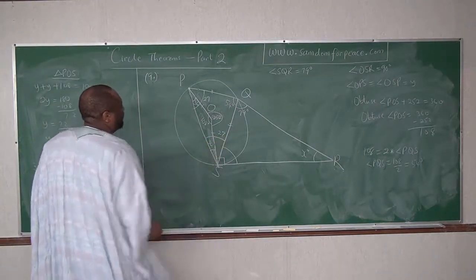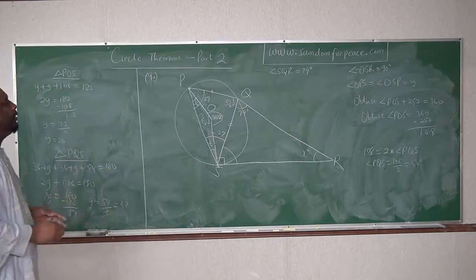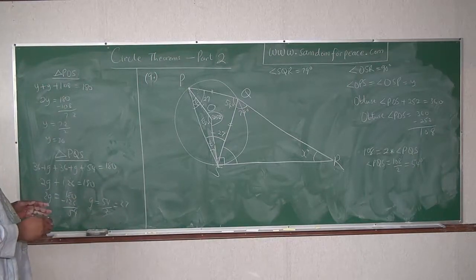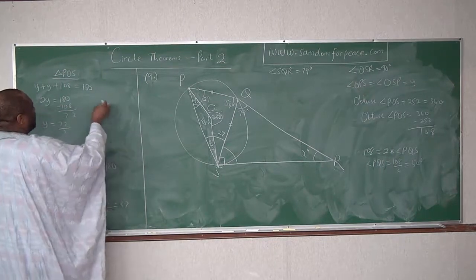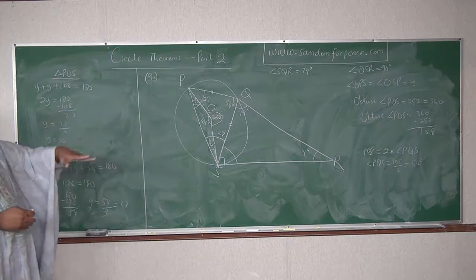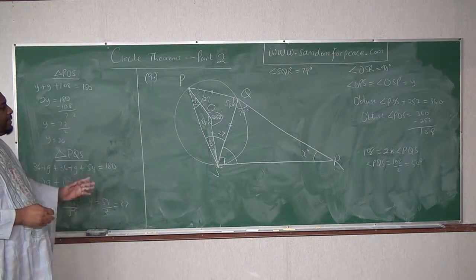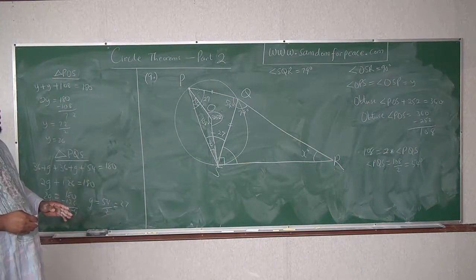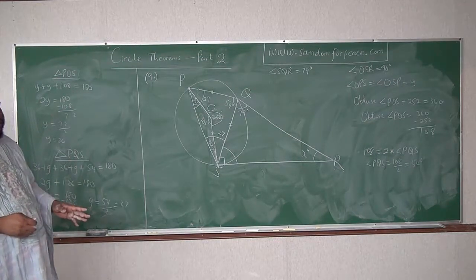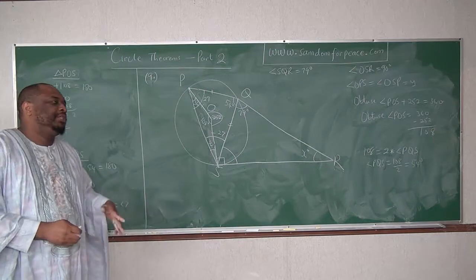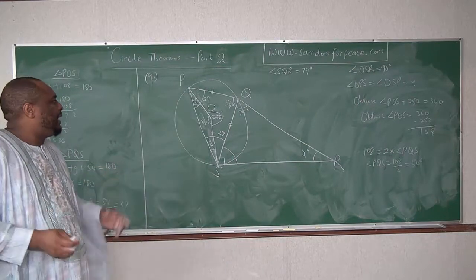Okay? So just to check this, 54 times 2 is 108, then plus 72, that's 180.